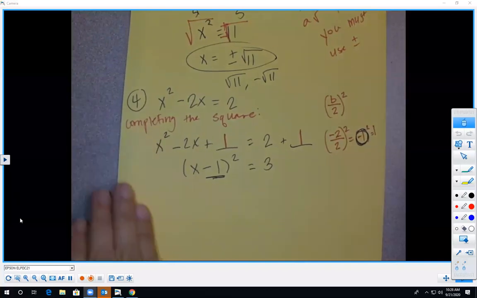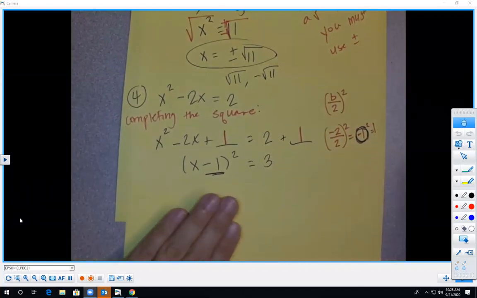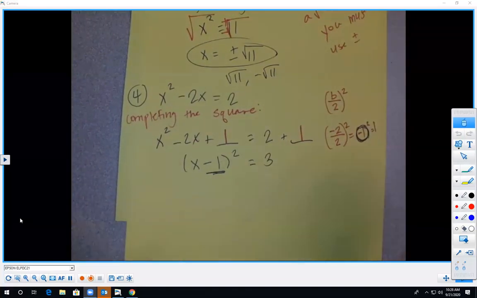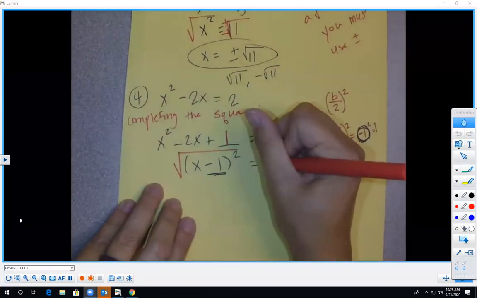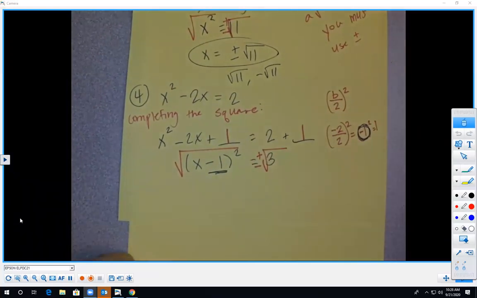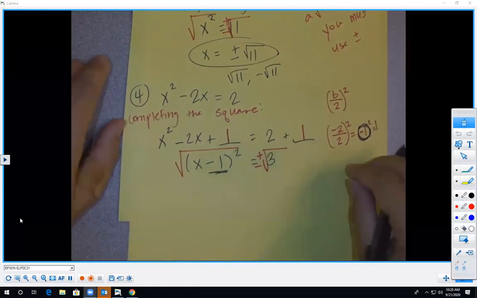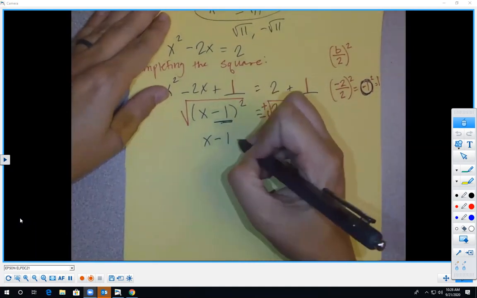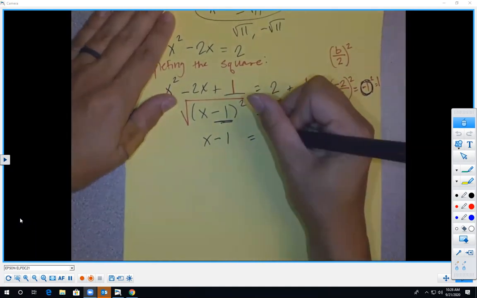Okay, so the whole point of completing the square is now I have a perfect square on the left-hand side. How do I get rid of the squared? Take the square root of both sides, and don't forget it's plus or minus the square root. So what is the square root of x minus 1 squared? Just x minus 1 equals plus or minus.